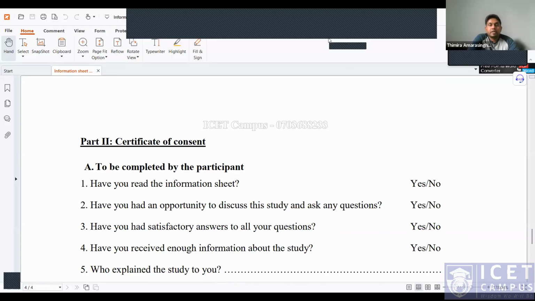So this is an example; based on your studies, based on the study designs, your information sheets and consent forms can be different.